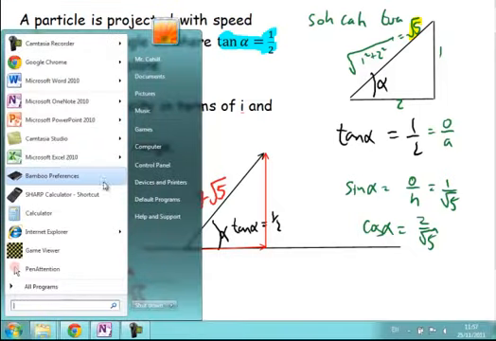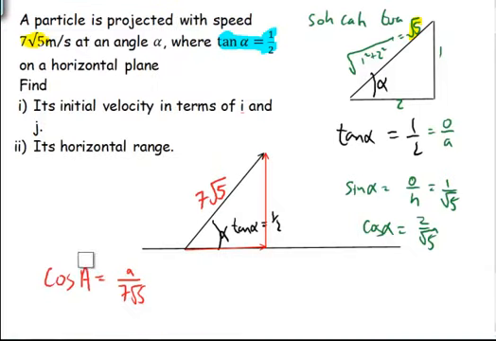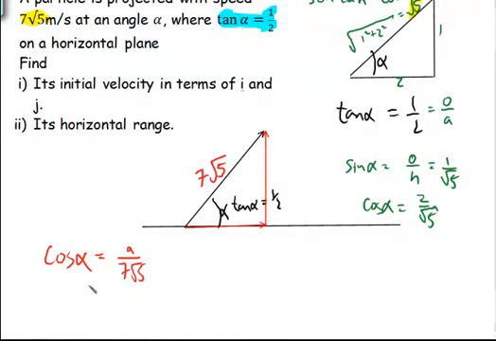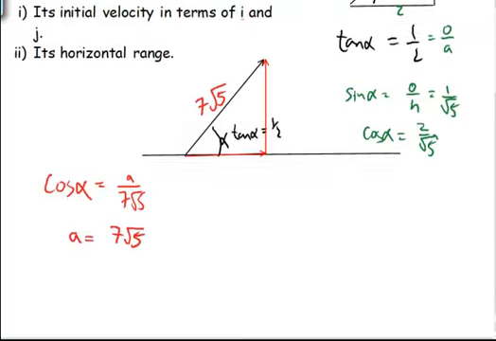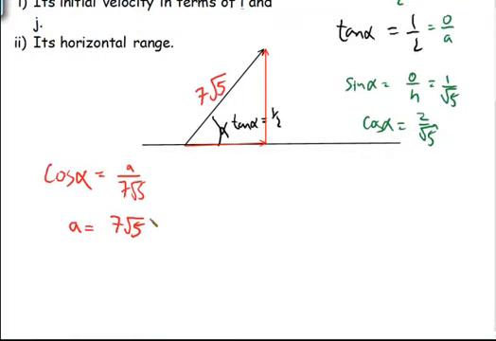It should be cos alpha there, sorry. So we know the cos alpha is 2 over root 5. So we want to find out what the adjacent is, and that'll be the i component. So multiply both sides by 7 root 5. And then we have here cos alpha.